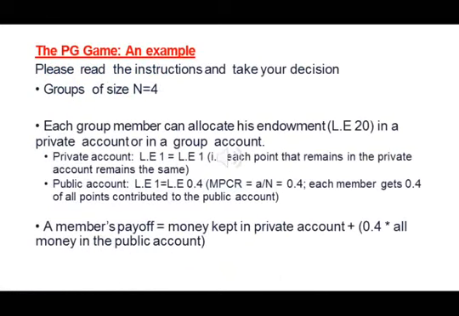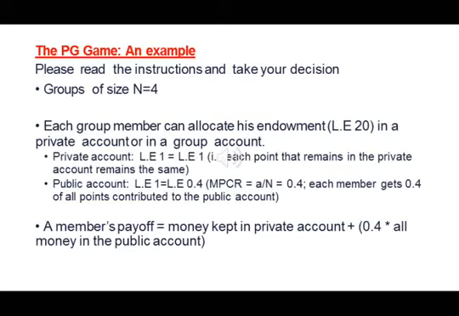So this is how a public good game appears in an economic experiment, either a lab experiment or a lab in the field experiment. So these are the instructions that we tell to our subjects. If you remember, subjects are the participants in an economic experiment. We tell them, please read the following instructions and take your decision.